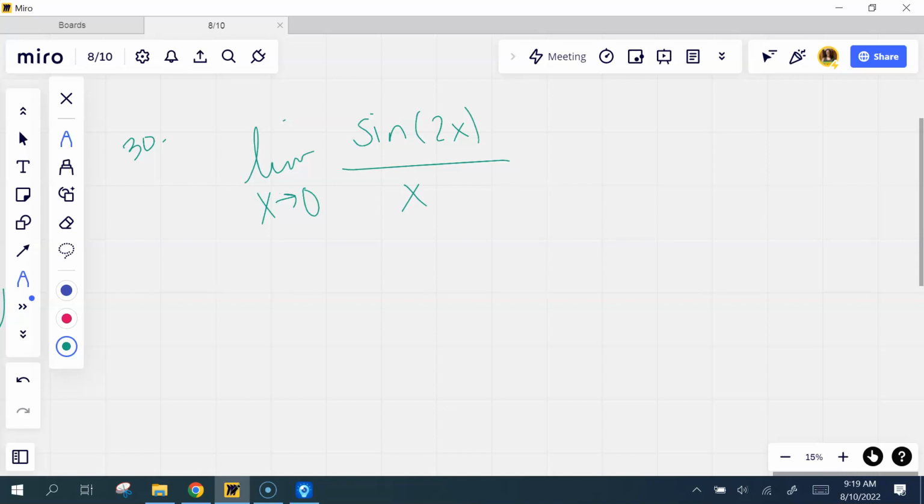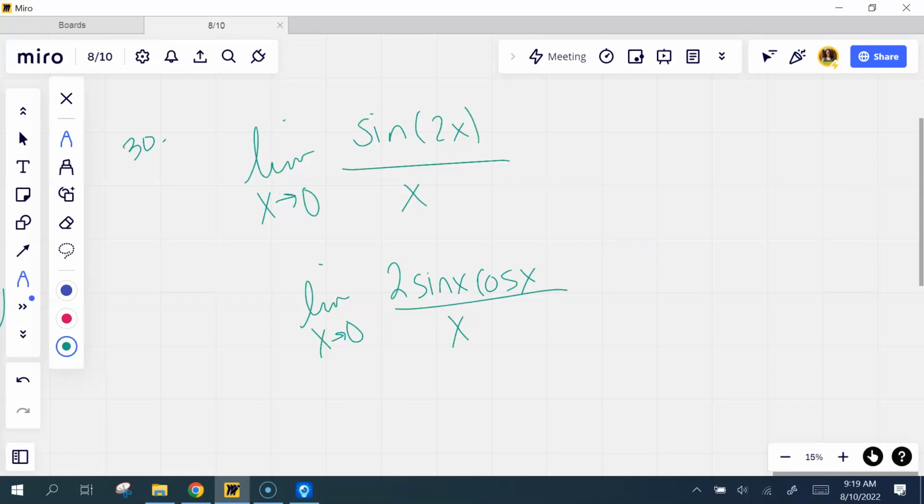Thoughts? Yep, absolutely. That double angle identity. I could rewrite sine of 2x as, again, look, no calculus yet. Say again.